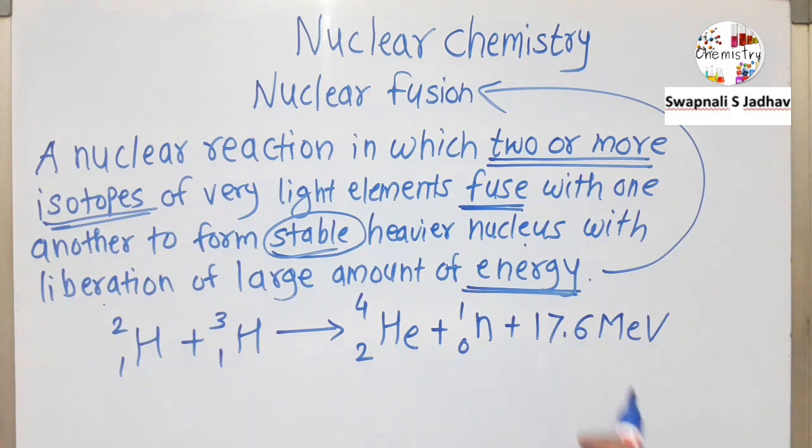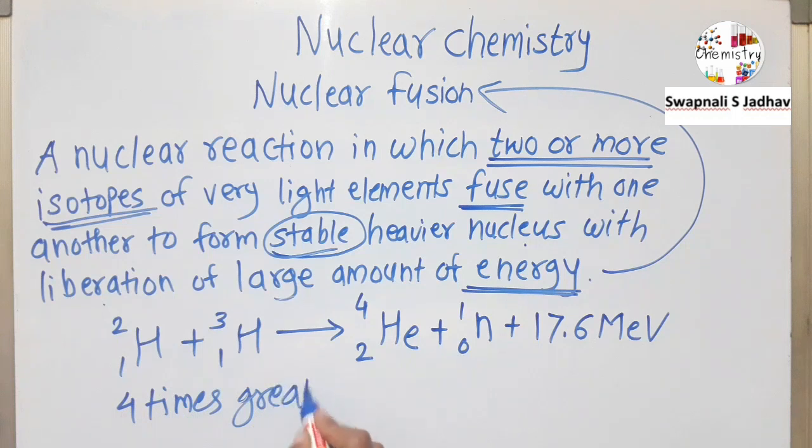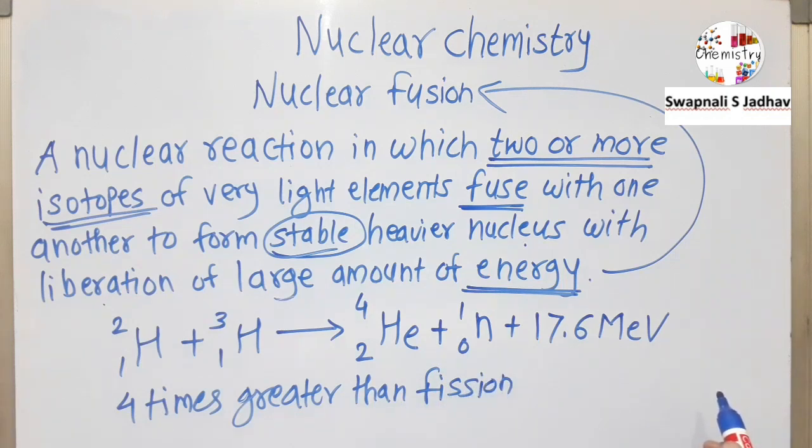Okay, in fusion reaction whatever energy we get is approximately 4 times greater than fission reaction. Approximately 4 times greater than which reaction? Fission, nuclear fusion reaction. But one condition is necessary. Which condition?